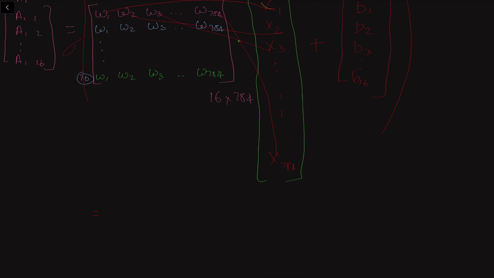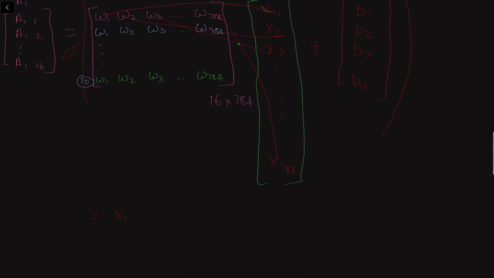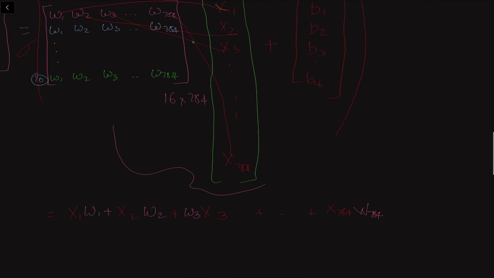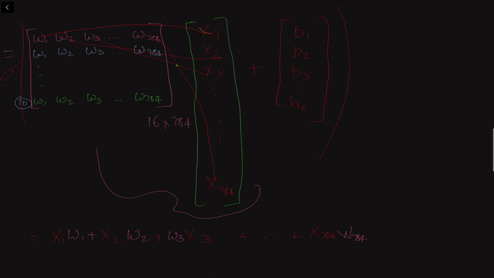So we can write it as X1 W1, plus X2 W2, plus X3 W3, and so on, plus X784 W784. That will be the resulting matrix from these two. Now we're just simply going to add the B1 term to the end of it.